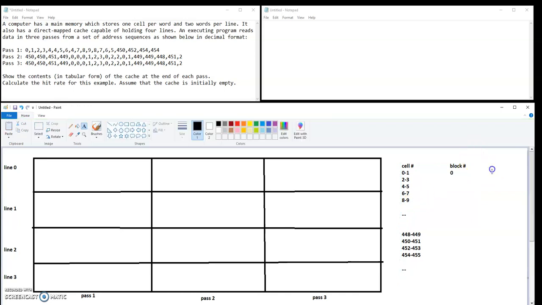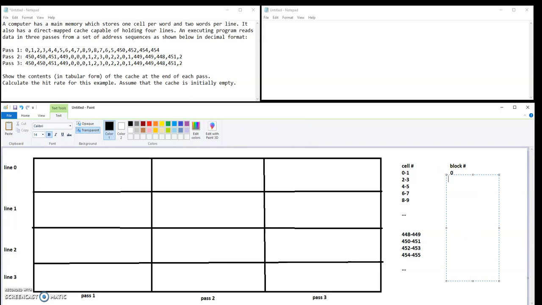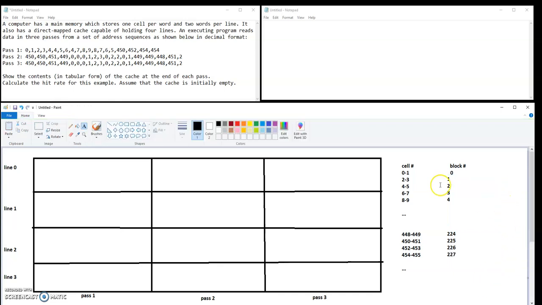And then if I look at the block number, there's the first 5 blocks. Then if I go down to 448, well, if I divide it by 2, I can find out what block it's in. 448 divided by 2. There are the blocks that I think we're going to care about in this question.